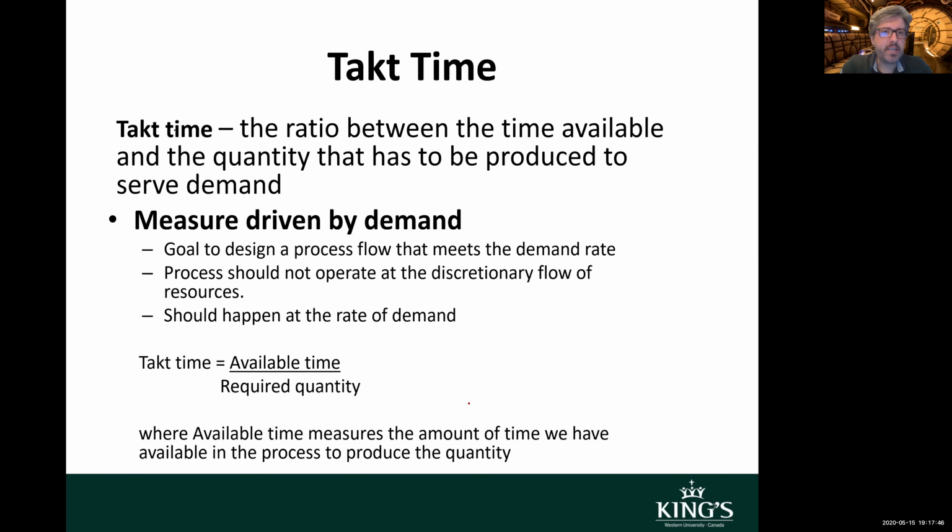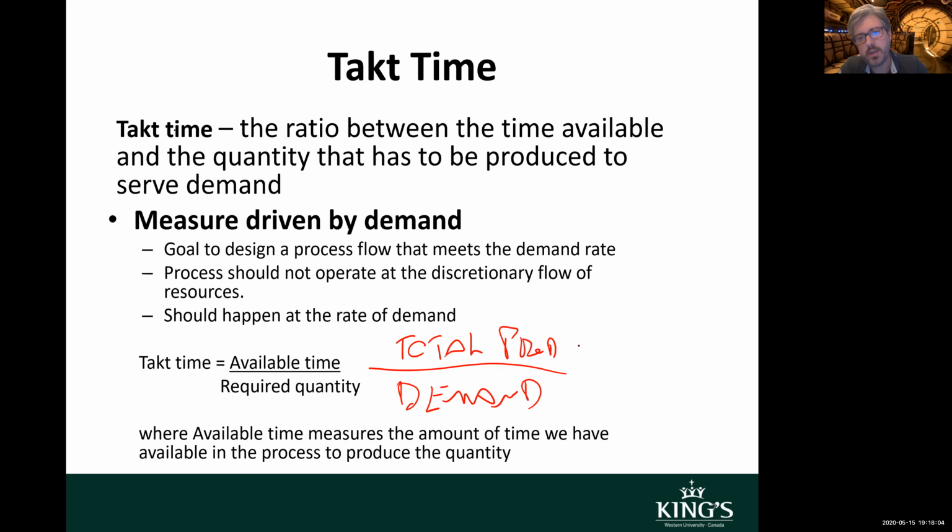So what is takt time? It is a measure driven by demand: your available production time divided by your demand. We've seen this before. So this is my total production time. For example, in a shift, I have 8 hours.